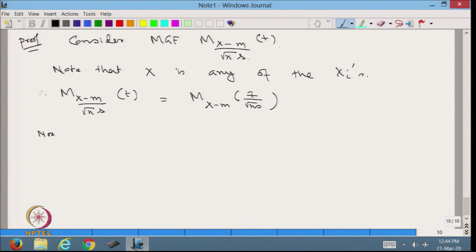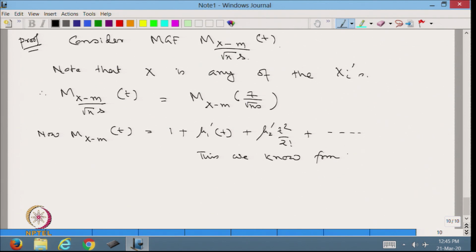Now, M of X minus m at t is equal to 1 plus mu 1 prime t plus mu 2 prime t square upon factorial 2 plus the expansion. This we know from the definition of moment generating function.